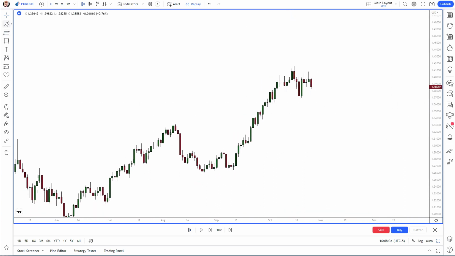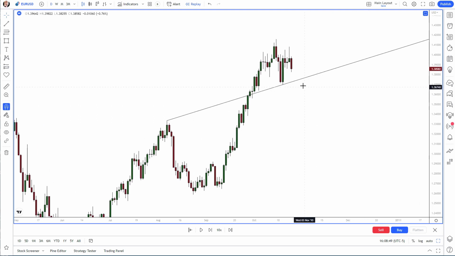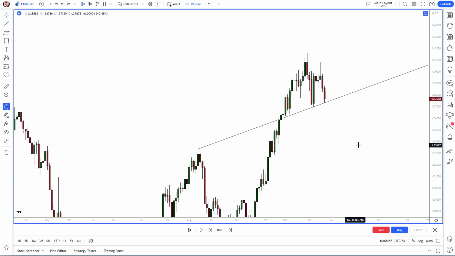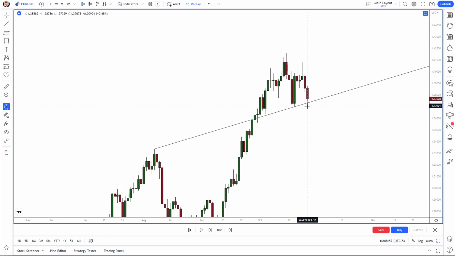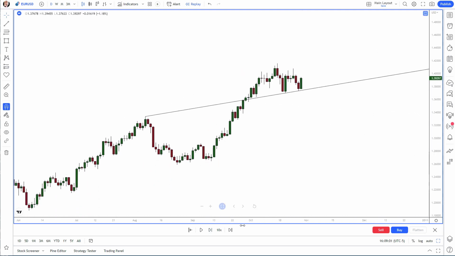I'm going to take this tool, put the magnet on, support and resistance trend line, from this top to this bottom. Do we have an opportunity to potentially go long? Yes. It would have gone short right around this zone. And the market does make a move.